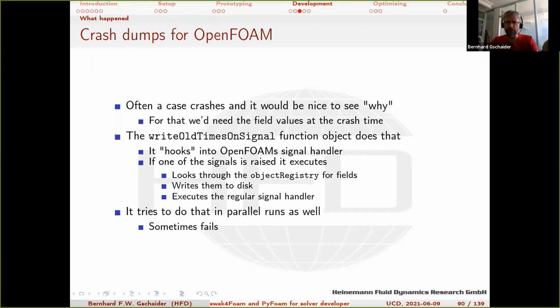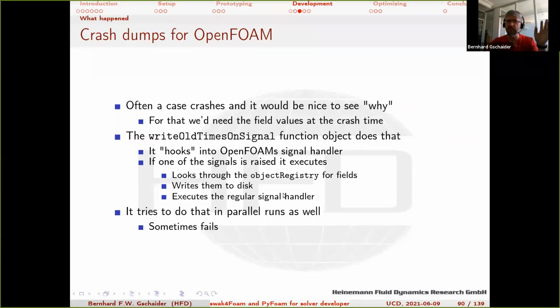It looks through the object registry, which is where all fields are registered in OpenFOAM, for volume fields, and it writes these volume fields to disk. After it has done that, it executes the regular signal handler.